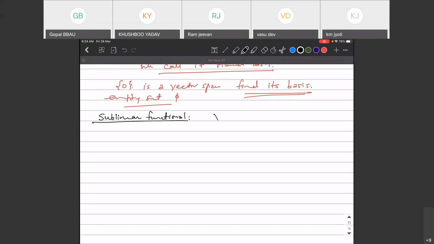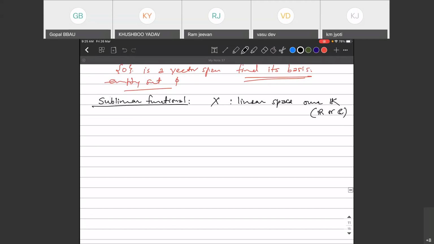Suppose we have a linear space X over K, where K could be R or C. A map F from X to K is called sublinear.